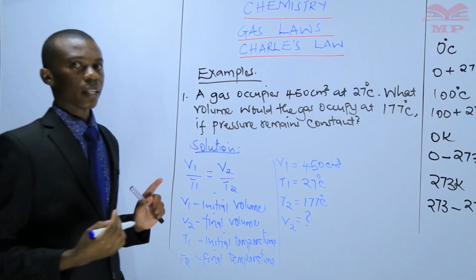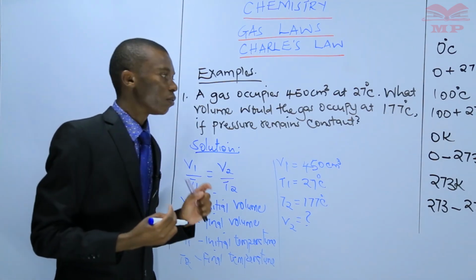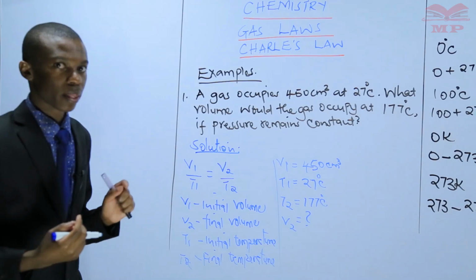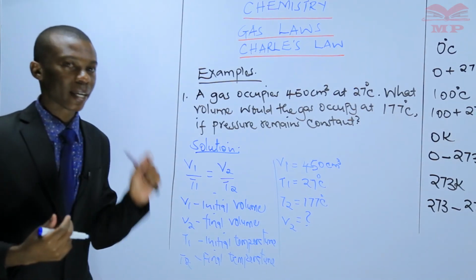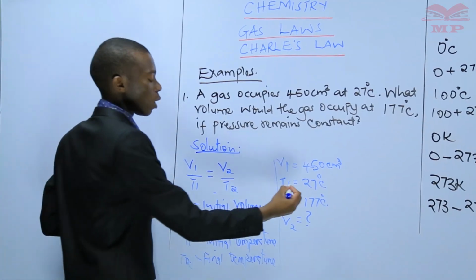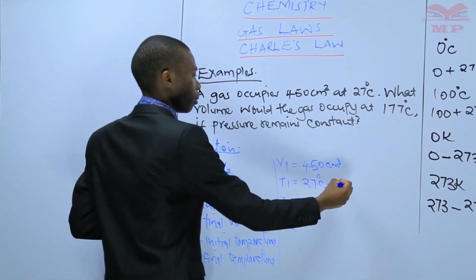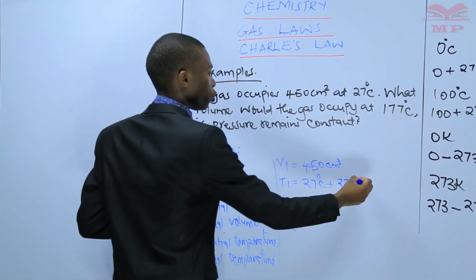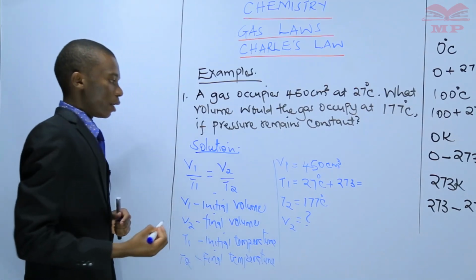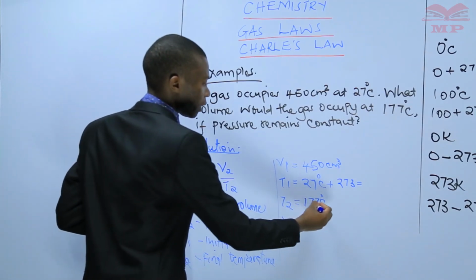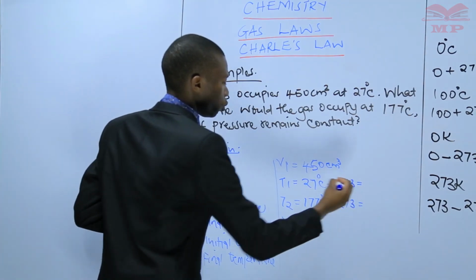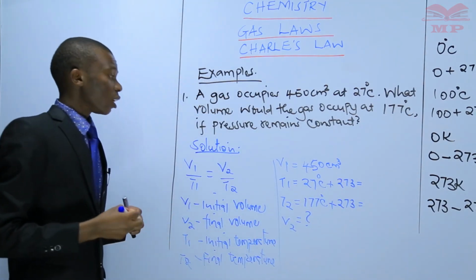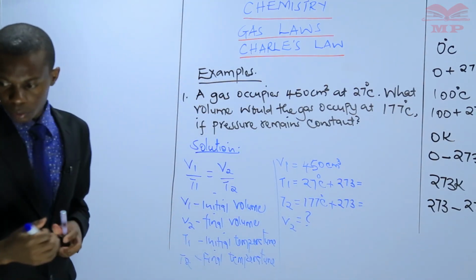And remember again, in all calculations involving Charles' law, temperature should always be converted to Kelvin. Therefore, our T1 will be 27 plus 273 to make it Kelvin, and T2 will be 177 plus 273 to make it Kelvin also.